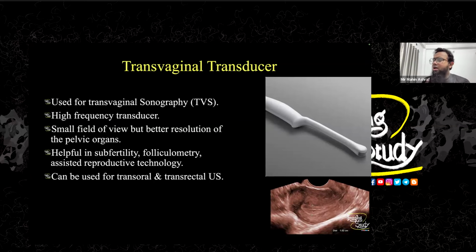Like when I have a patient with acute pancreatitis, acute appendicitis, and I can't see the appendix quite well with my linear transducer, I use this transducer also, but not through the vagina. I use it through the para-abdominal approach.